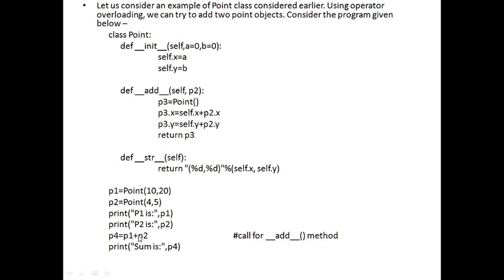So when this particular plus is called, this line calls the add function, which is nothing but operator overloading for addition. Both will be added here, x and y of both objects. The result is stored in this P4 object, and you can print that P4. So that is what operator overloading is about.